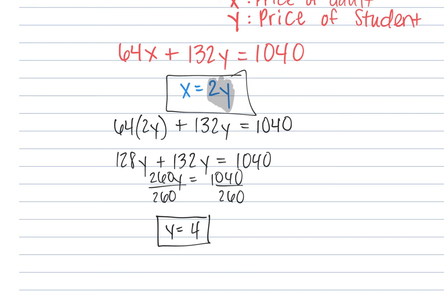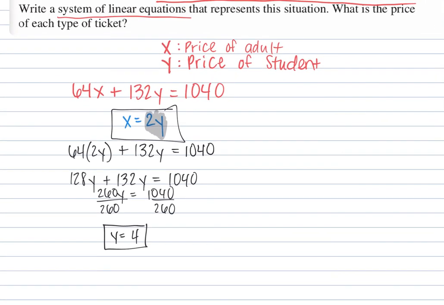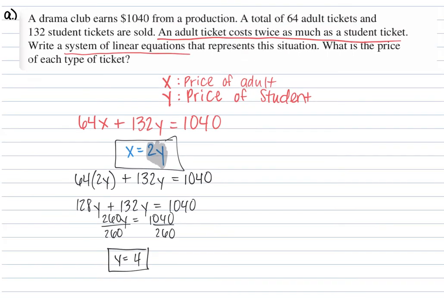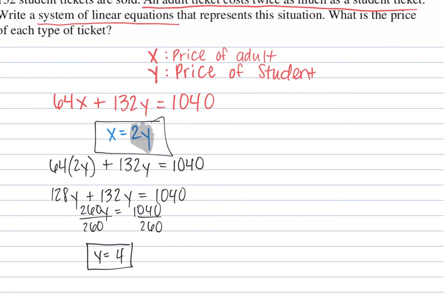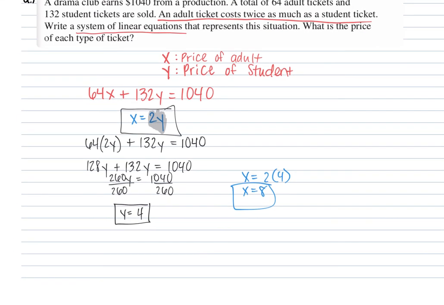Once we have y equals 4, we just take that and plug it in. We already know that the price of the adult ticket is twice the price of the student ticket. So we take that 4 and plug it into the second equation because it's much simpler. We get x equals 2 times 4, which gives us x equals 8. So we have our x value and our y value.